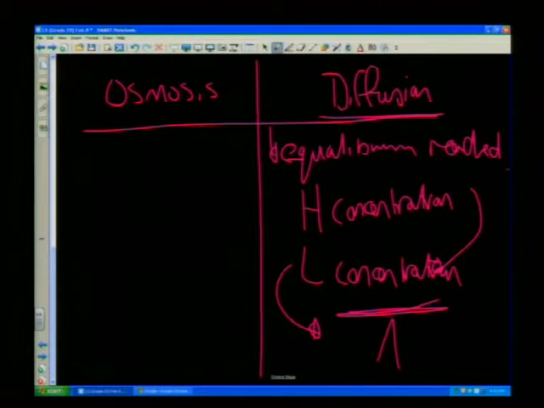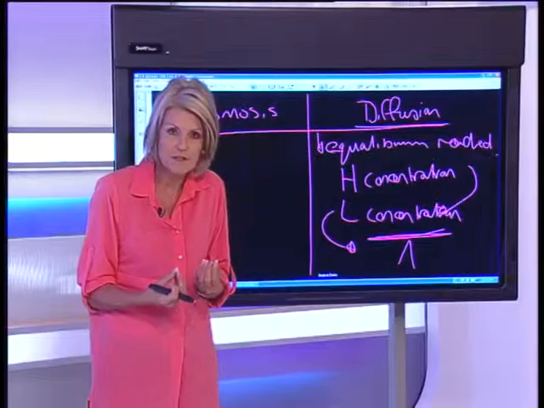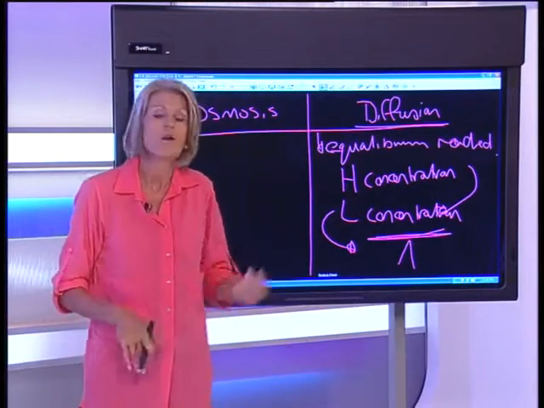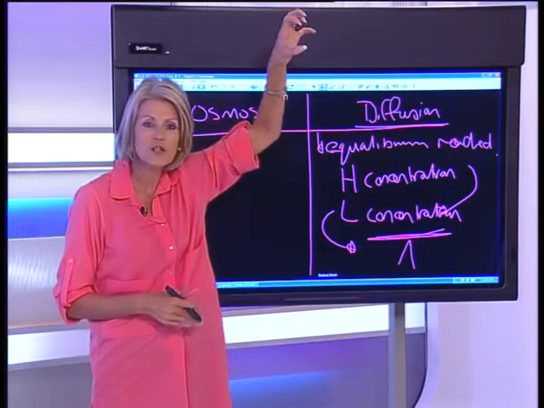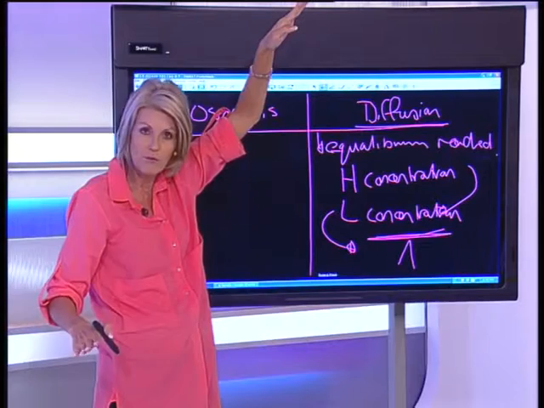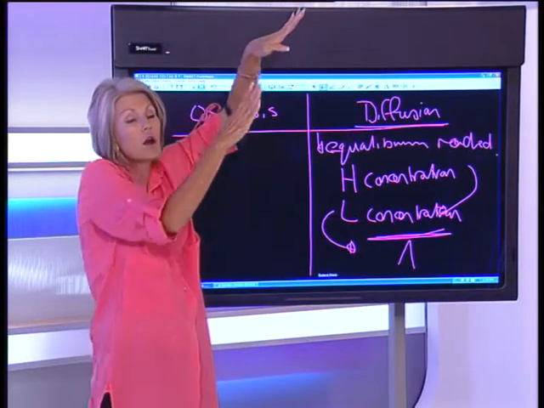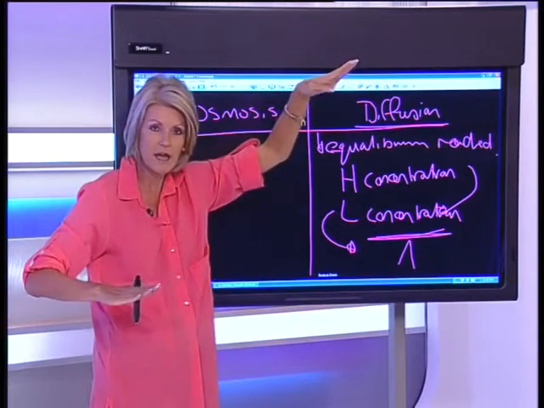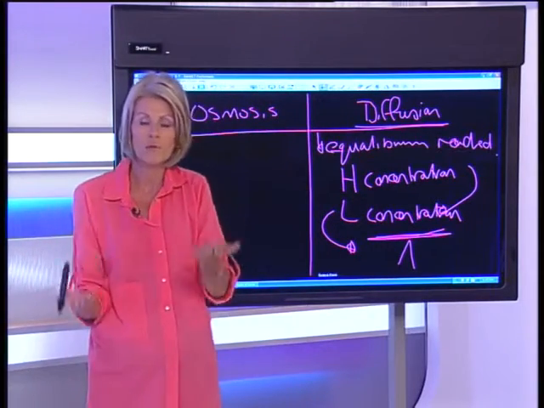So diffusion is the movement of a substance, whether it is solid, liquid, or gas, from a higher concentration downhill to a lower concentration. We say that it moves along the concentration gradient, okay, until an equilibrium is reached.